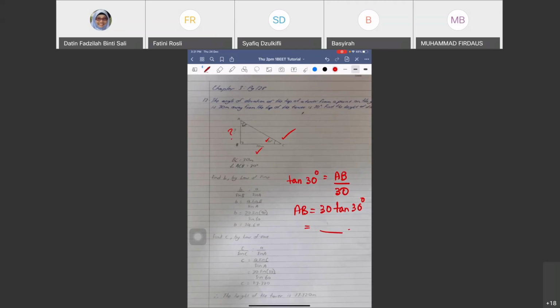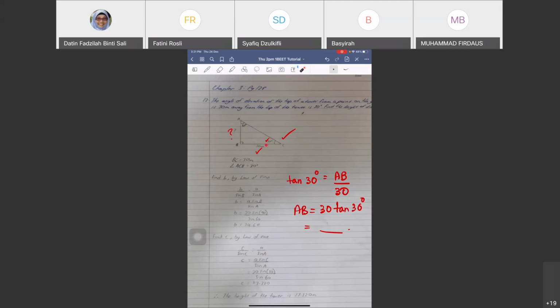So you don't need to find this. Perhaps if I look at the bottom here, this is C, so C over sine C, which means C over sine 30 equals A over sine A. If you use the law of sines, yes, definitely you have to find this.